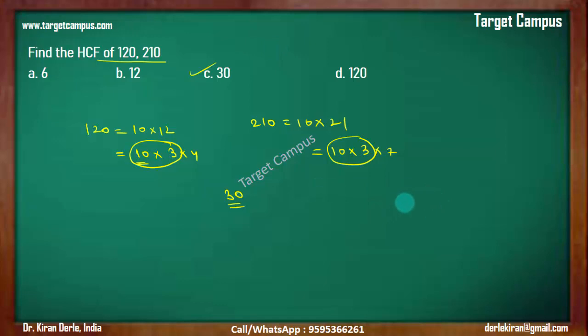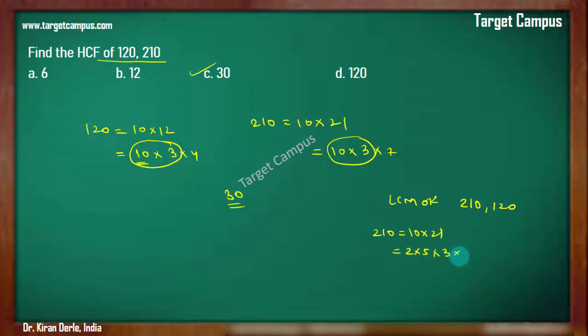If we are asked to calculate what is the LCM of, let's say, 120 and 210, what should be the LCM, right? So again, 210 can be written as 10 into 21, so 2 into 5 into 3 into 7, right? 120 on the other hand is 10 into 3 into 4, as we have just seen.